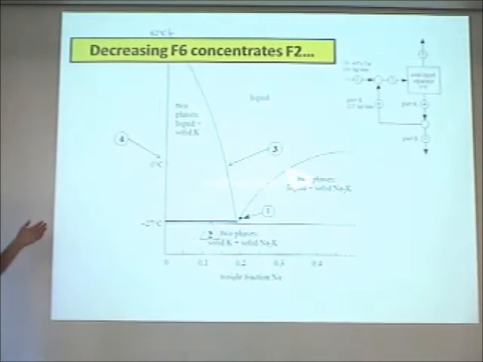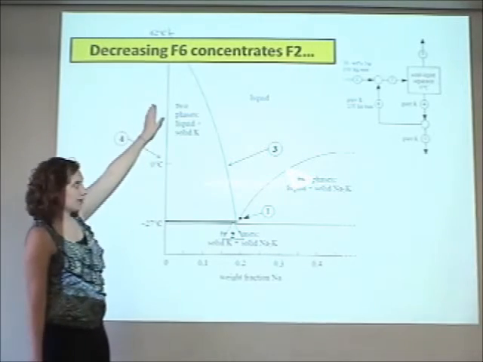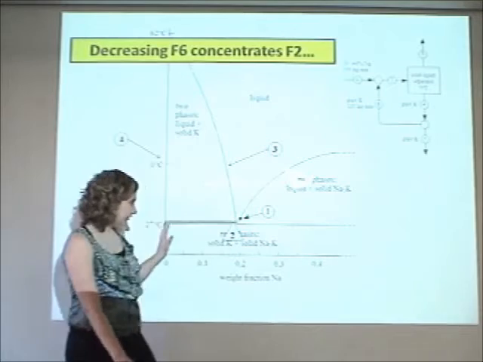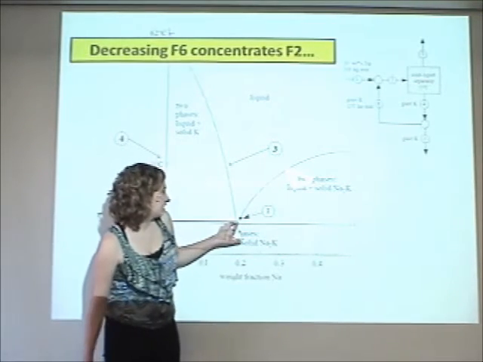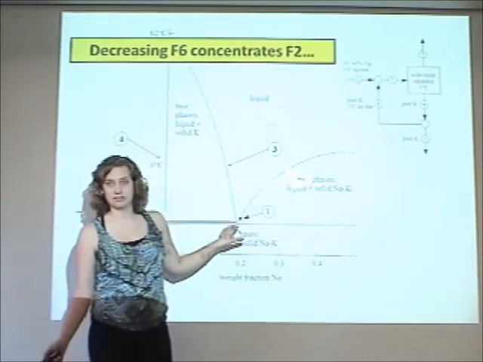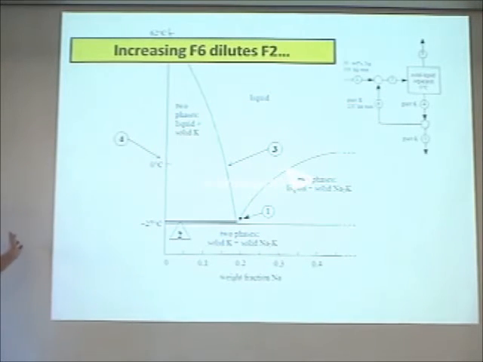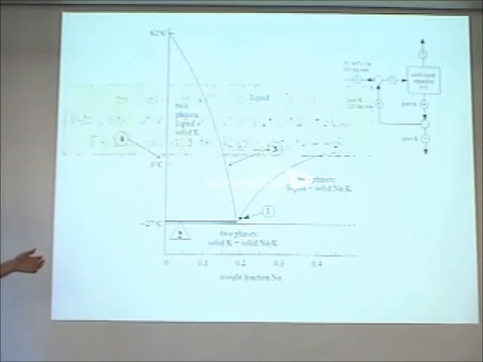Okay? So if I decrease some F6, then the concentration of F2 gets closer and closer in this direction. So you can see my output here gets even smaller. And if I do it the other way, F6 dilutes my F2 stream.